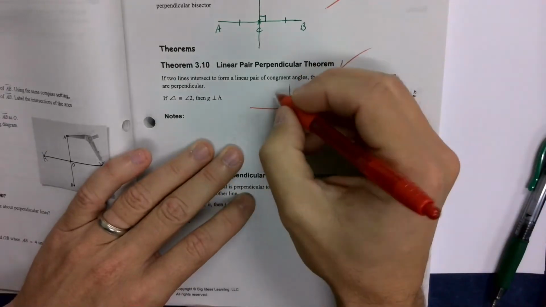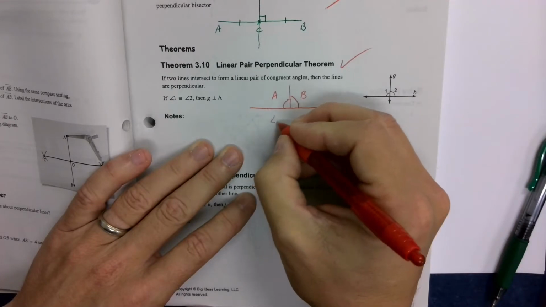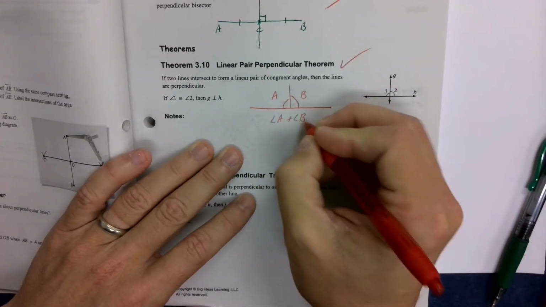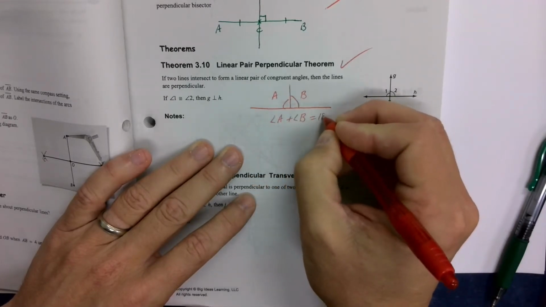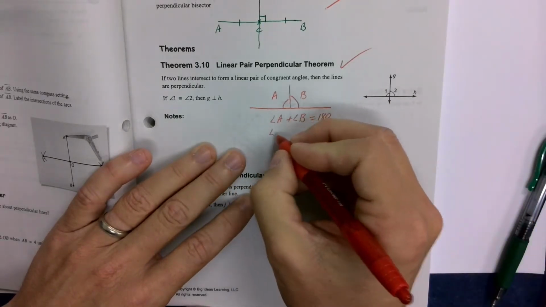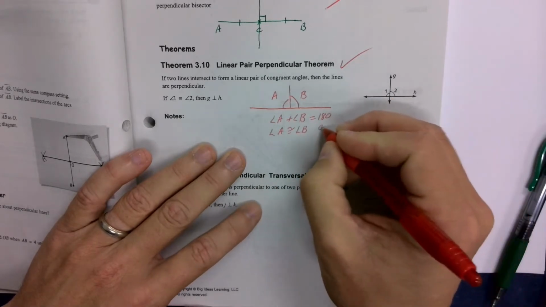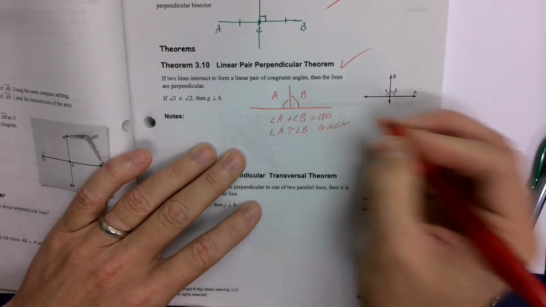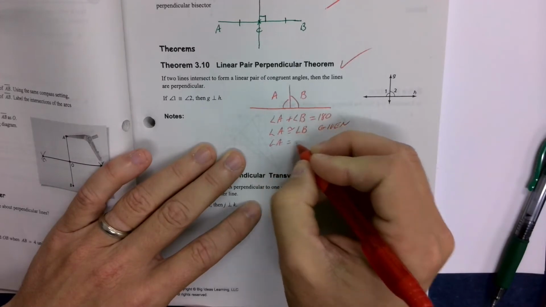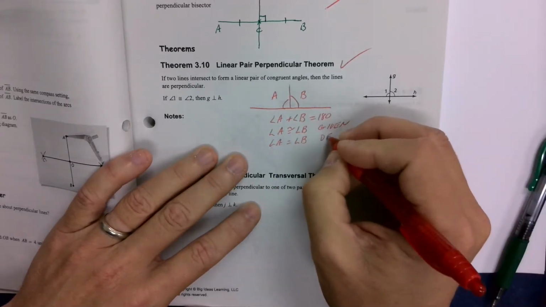And if these angles are congruent, which means they're the same, then we'll call this angle A and angle B, just to make it easier. If they're a linear pair, then angle A plus angle B must add up to 180 degrees. Well, if angle A is congruent to angle B, and that was given to me, then angle A equals angle B by definition of congruence.